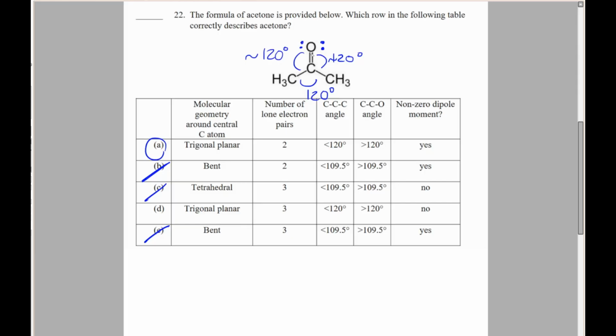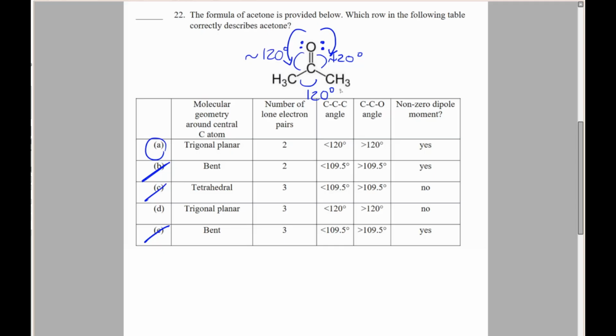If you think about it, these lone pairs on this oxygen are going to push the CCC bond closer together. So the CCC bond angle should be slightly less than 120 degrees, and then the CCO angle should be slightly greater than 120 degrees.